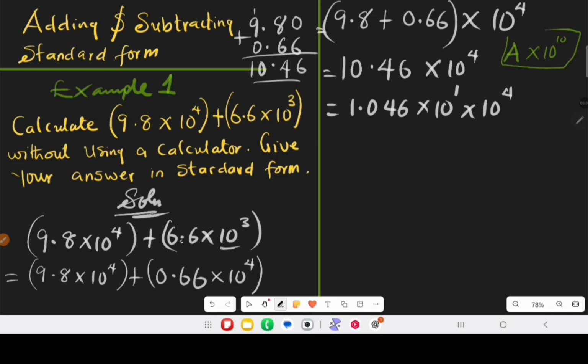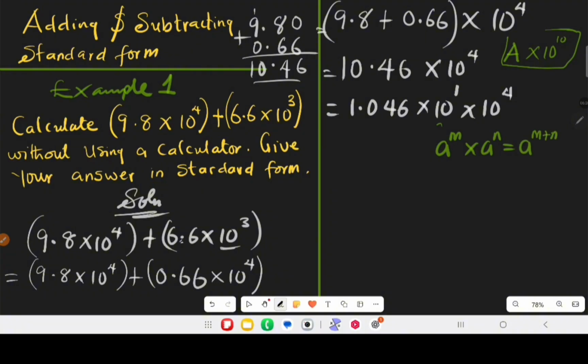And we recall the law of multiplication of indices. The law that says that whenever we have the same base multiplying each other, we have to add the powers, which is a raised to the power of m times a raised to the power of n is equal to a raised to the power of m plus n.